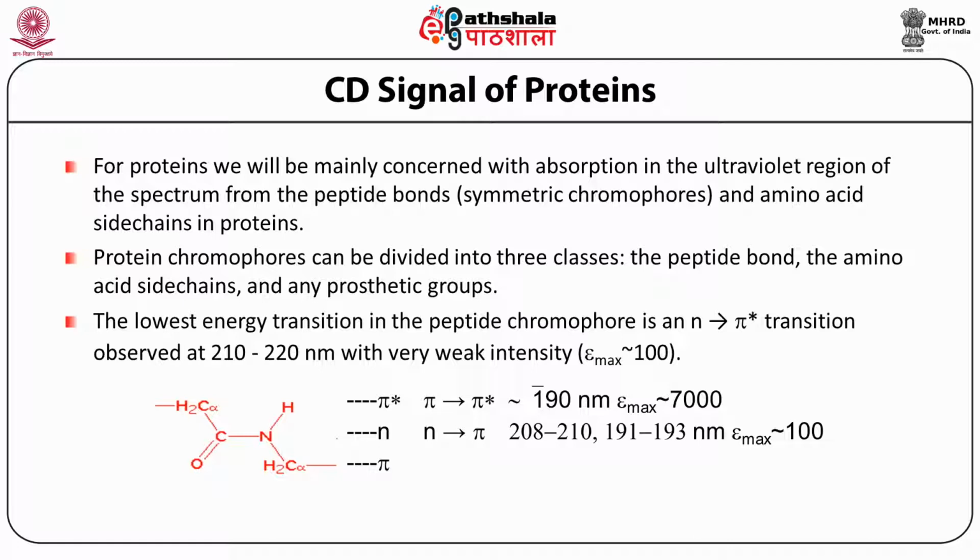The lowest energy transition in the peptide chromophore is the n to pi star transition, observed at 210 to 220 nanometer with a very weak intensity, epsilon max approximately 100.